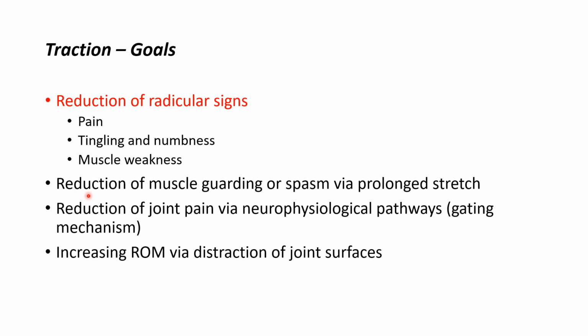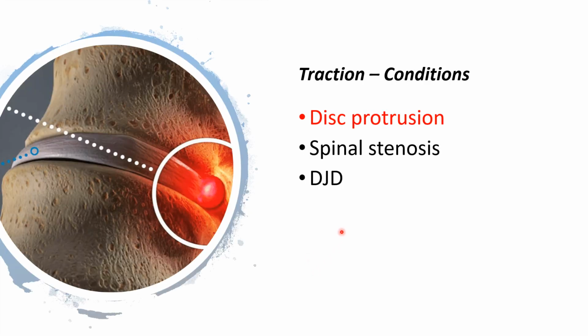The other things we can use traction for are reduction of muscle guarding or spasm with a prolonged stretch approach, and reduction of joint pain via neurophysiological pathways. So there's that gating mechanism associated with the mechanical sensory feedback you're getting from the traction. And then also increasing range of motion by distracting joint surfaces such as the facet joints to allow for more mobility.